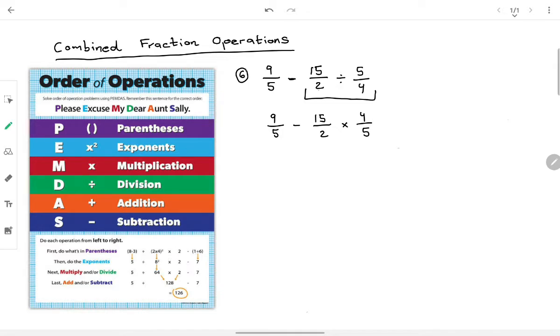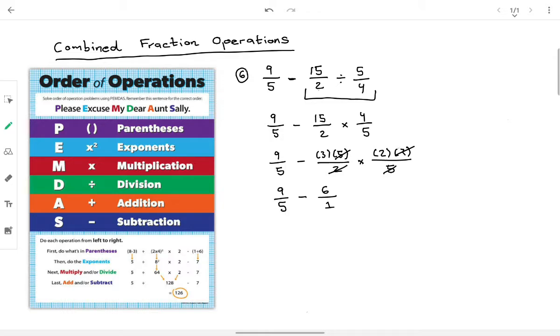Remember, we can decompose numbers, so 9 over 5 minus 3 times 5 over 2 multiplied by 2 multiplied by 2 divided by 5. So we can eliminate these 2's, we can eliminate this 5, so we will get 9/5 minus 3 times 2, it's 6 over 1 because we eliminate all the denominator.